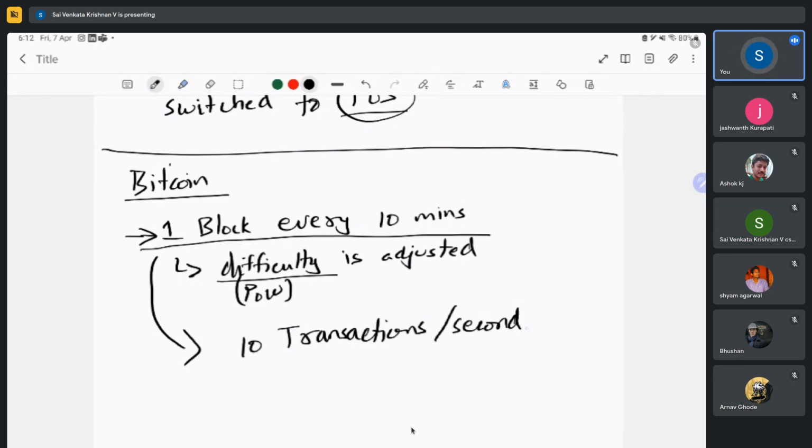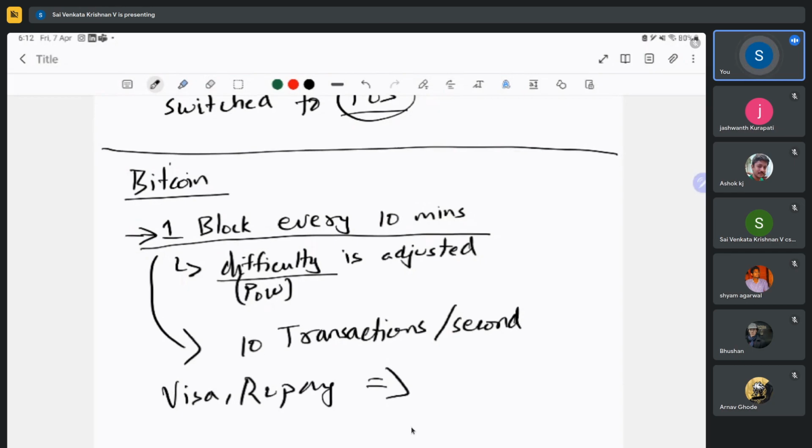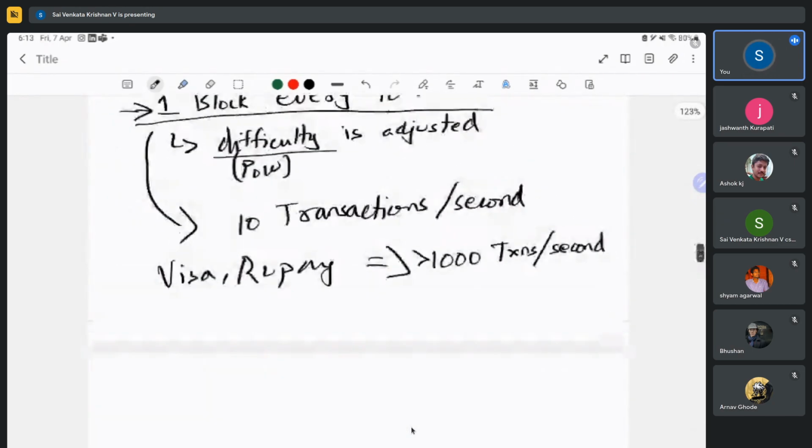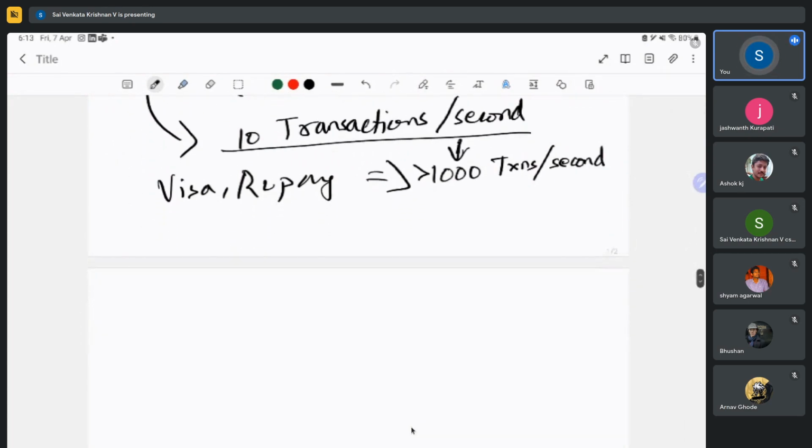But compared to your common financial networks like Visa, Mastercard, and your normal banking infrastructure like say RuPay, that supports at least 1000 transactions per second, 3000 or more than 1000 transactions per second. Okay, so for Bitcoin to achieve this transaction throughput, there are basically two ways of doing it.